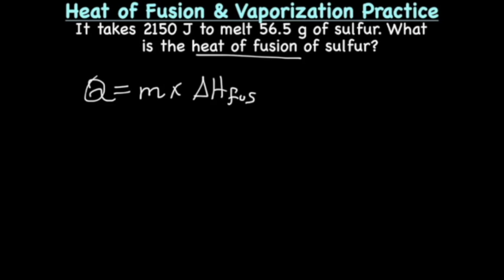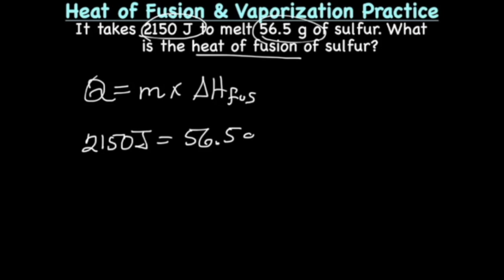Okay, this time they give us a heat unit, so that must be our Q. So we'll have 2150 joules equals, they give us the mass, which is 56.5 grams, and what we're trying to find this time is the heat of fusion.